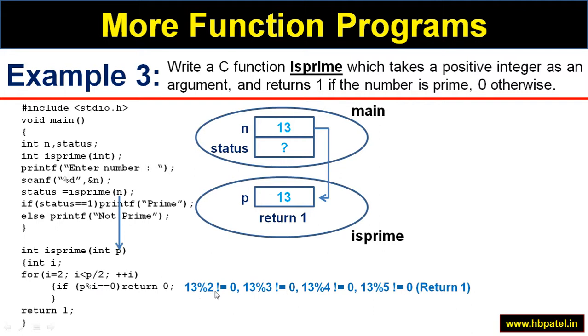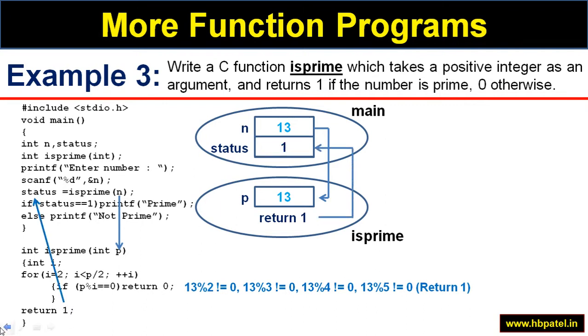So 13 modulo 2, 13 modulo 3, 13 modulo 4, 13 modulo 5. So this loop will be repeated 4 times. But all the times, 13 modulo 2 is not 0, 13 modulo 3 is not 0, 13 modulo 4 is not 0, 13 modulo 5 is not 0. So it will never satisfy this condition, it will never execute this return 0, and it will come out of this loop and return 1.